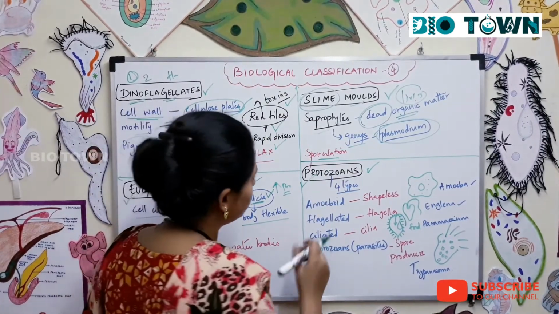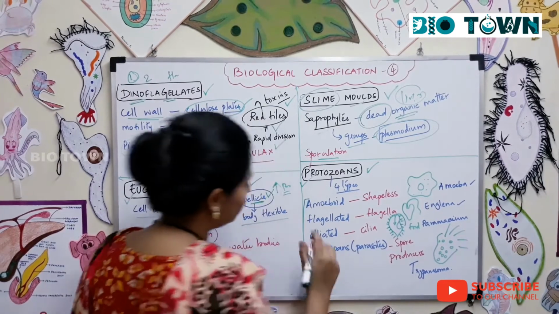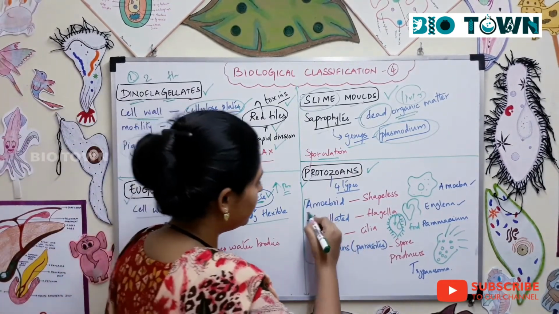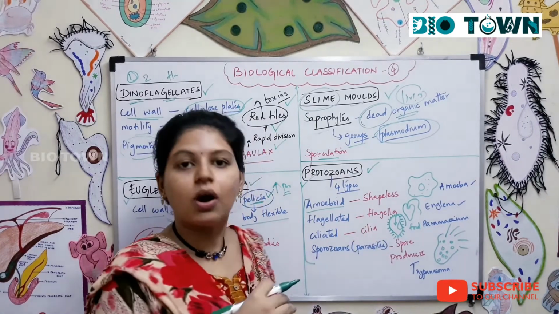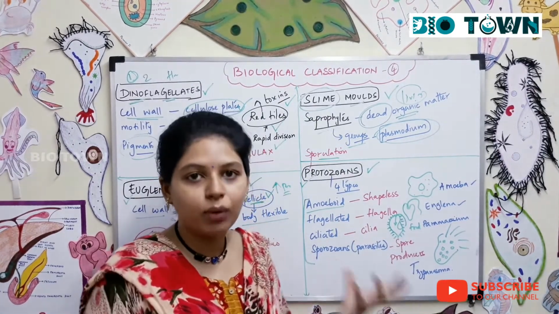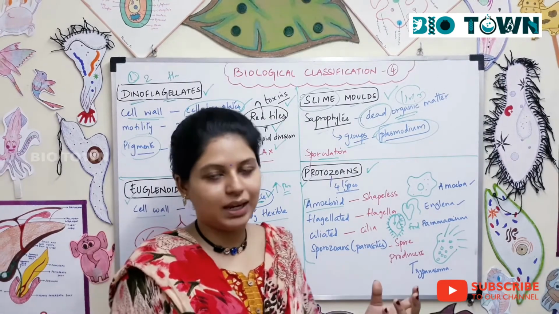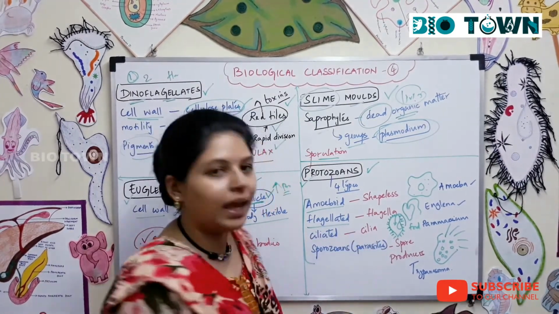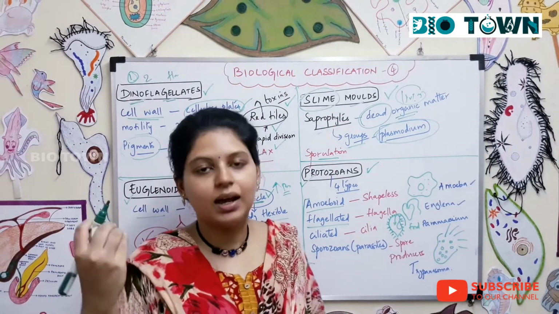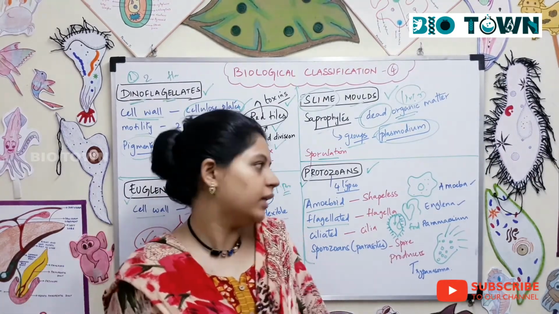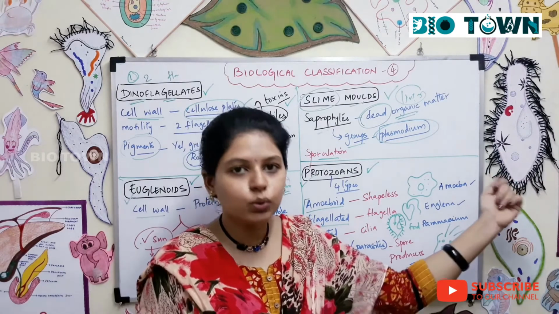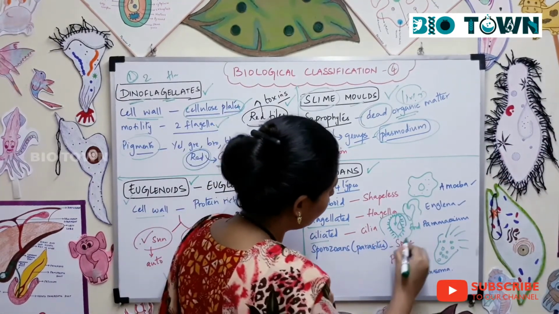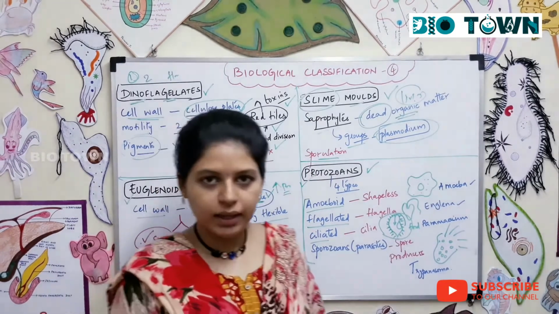Next is our very favorite, protozoans. Now these protozoans, you can divide them into 4 groups. As the name suggests, the first is amoeboid, which means that they are all shapeless and amoeboid in shape, and a very typical example is amoeba. Next is flagellated. They have a single flagellum as the organ of motility. For example, we have this euglena. Next is ciliated. They have cilia all over their body for their motility.